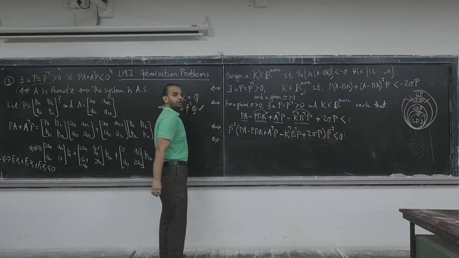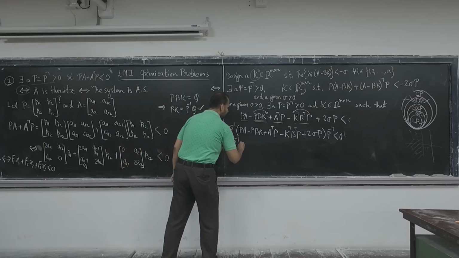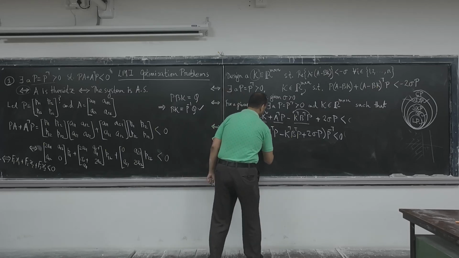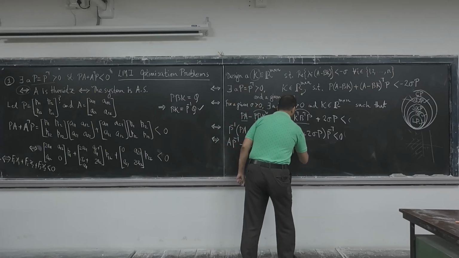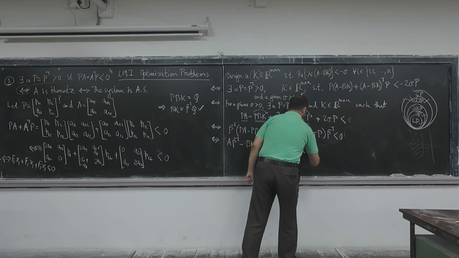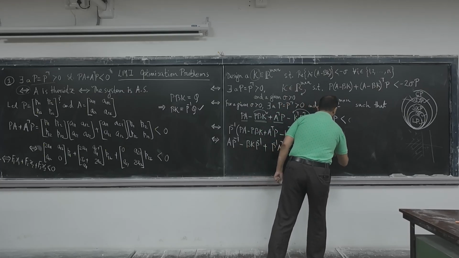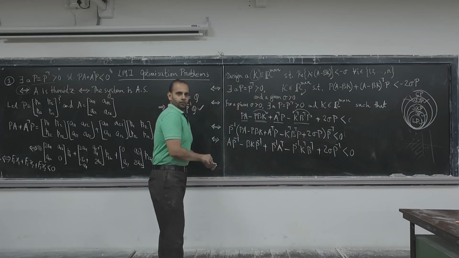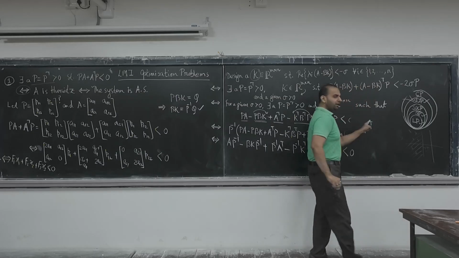Then this P inverse into P is I, so it is going to be A P inverse minus B K P inverse plus P inverse A transpose minus P inverse K transpose B transpose plus 2 sigma P inverse. Here, what is the meaning of this symbol?